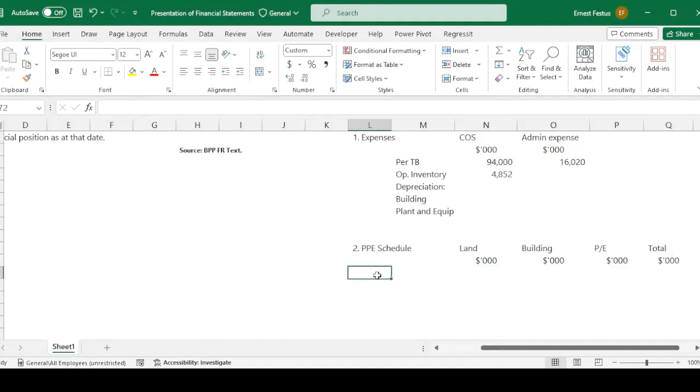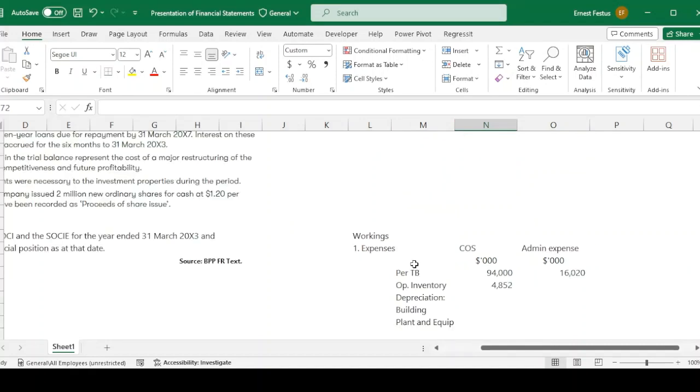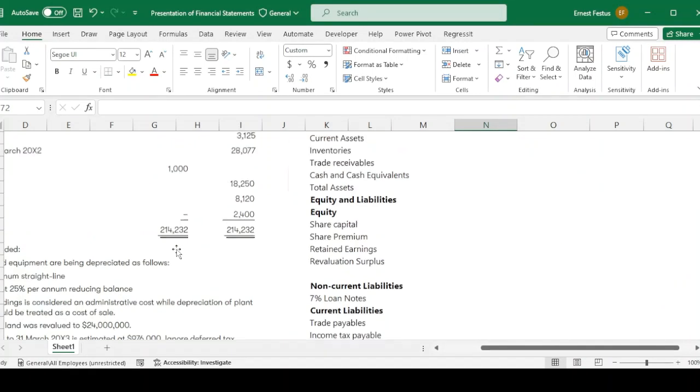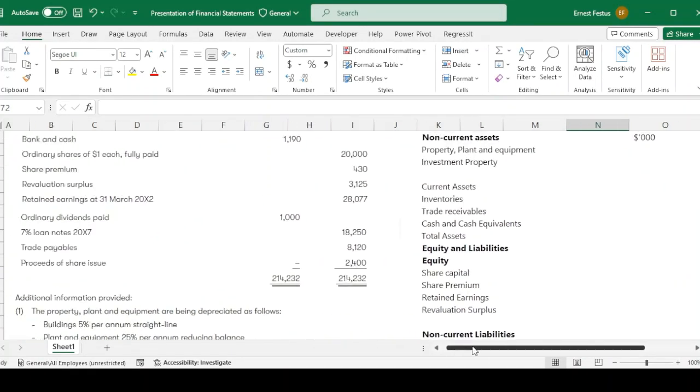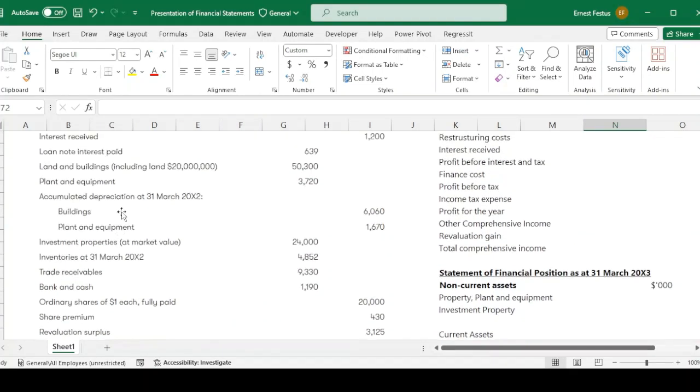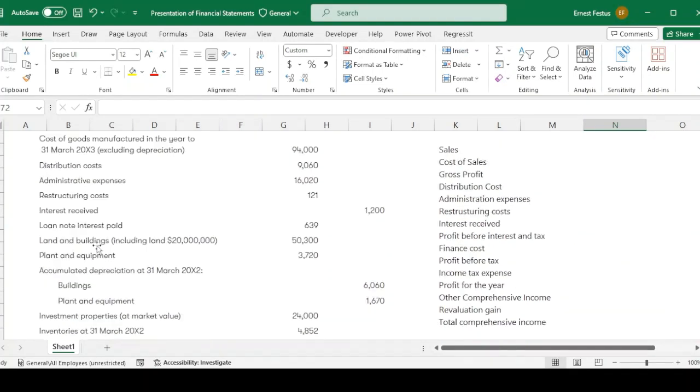All right. So with the PPE schedule, we are going to start with the balance brought forward, or balance brought down, for each of the items. The balance brought forward can be found within the trial balance. So for land, you have been given the value, and this is the cost.